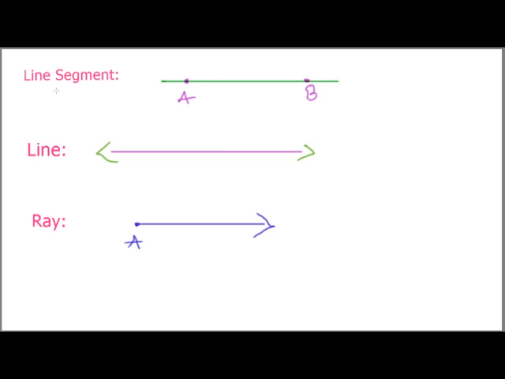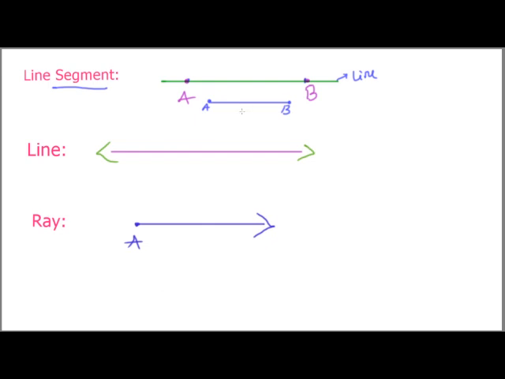Next our topic is line segment. Line segment means, see, I have taken one line in green color. This is a line that doesn't have any end points. In this line I have taken one small part of the line, that is AB, which has 2 end points.